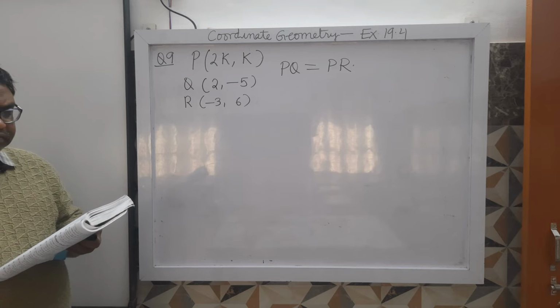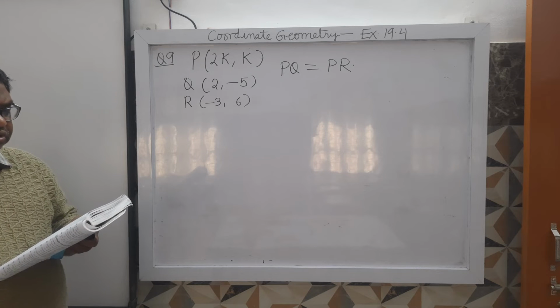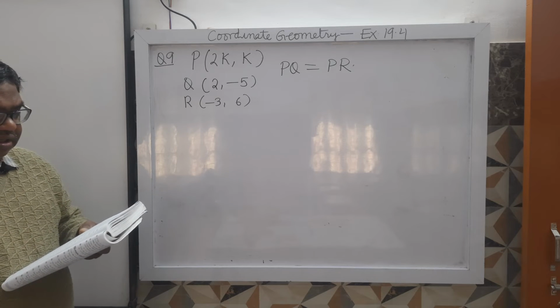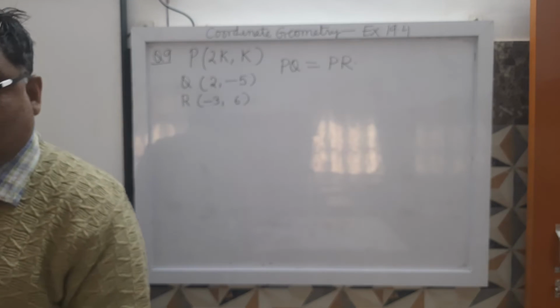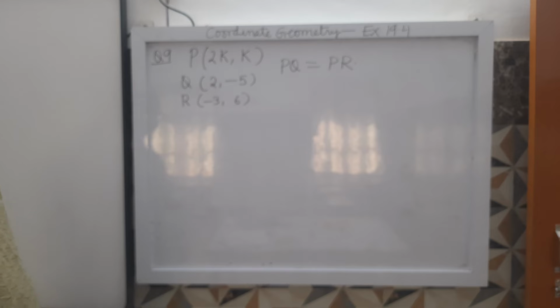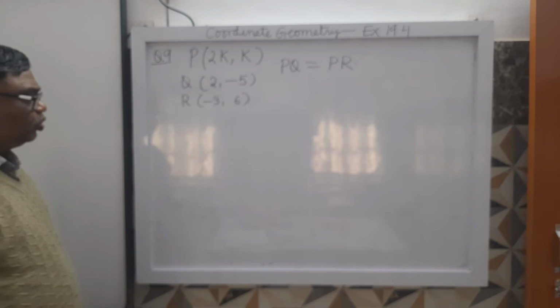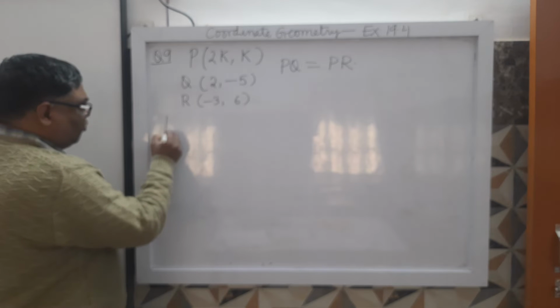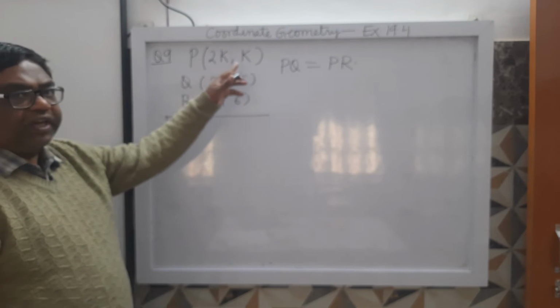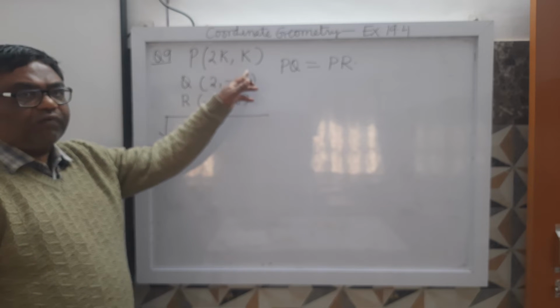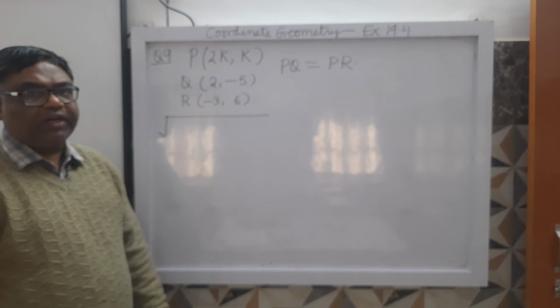Question number 9, yes, PQ equals PR. Find the coordinates of P. Meaning you have to determine the value of k. So here also, in the same way as you have done earlier, what will be the distance PQ? You will determine the value of k, and after determining the value of k, you will determine the coordinates.